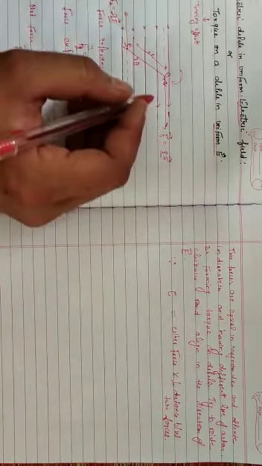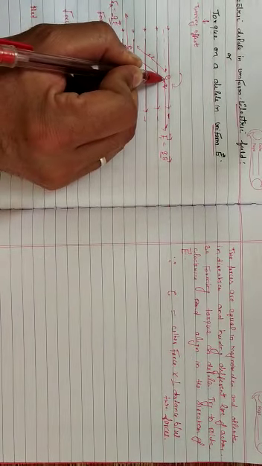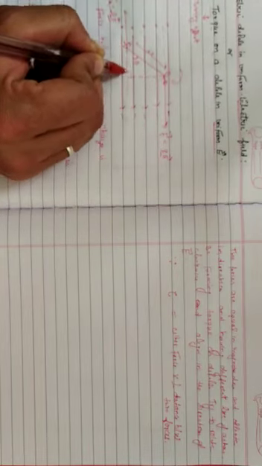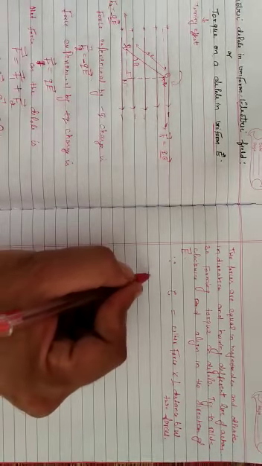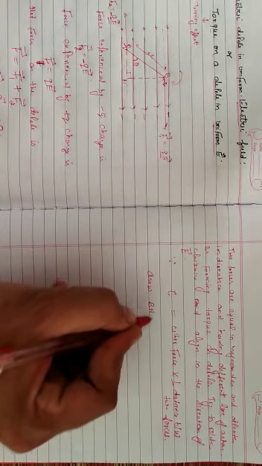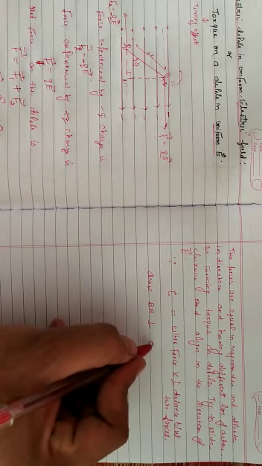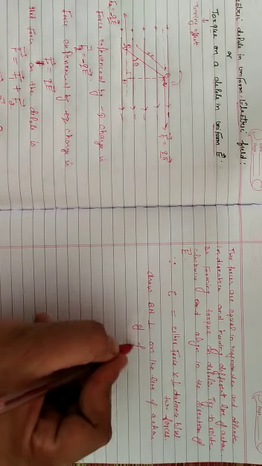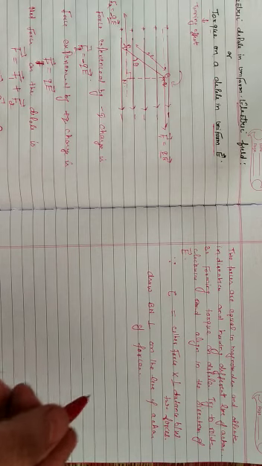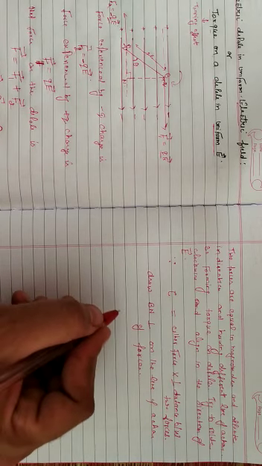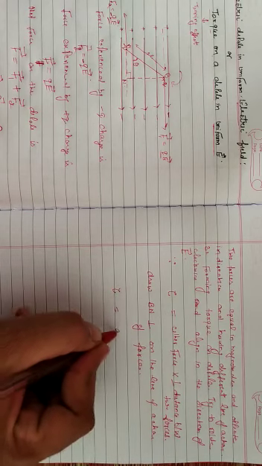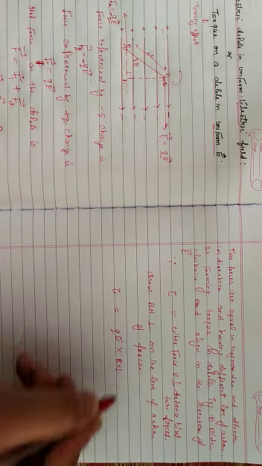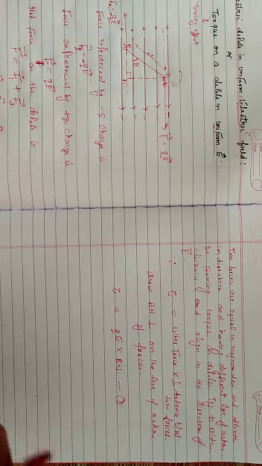So we drop a perpendicular Bn on the line of action of the force. Then the torque becomes equal to either force qE into the perpendicular distance between the two forces, Bn. This is equation number 1.